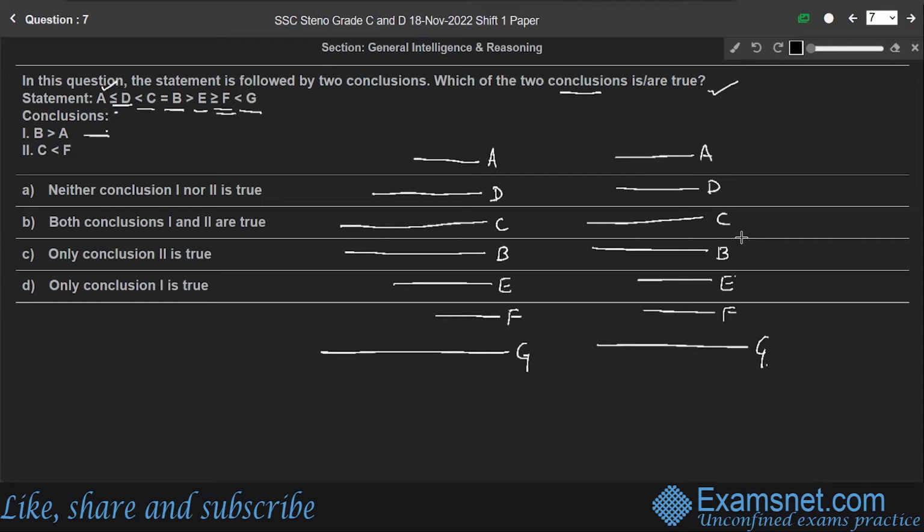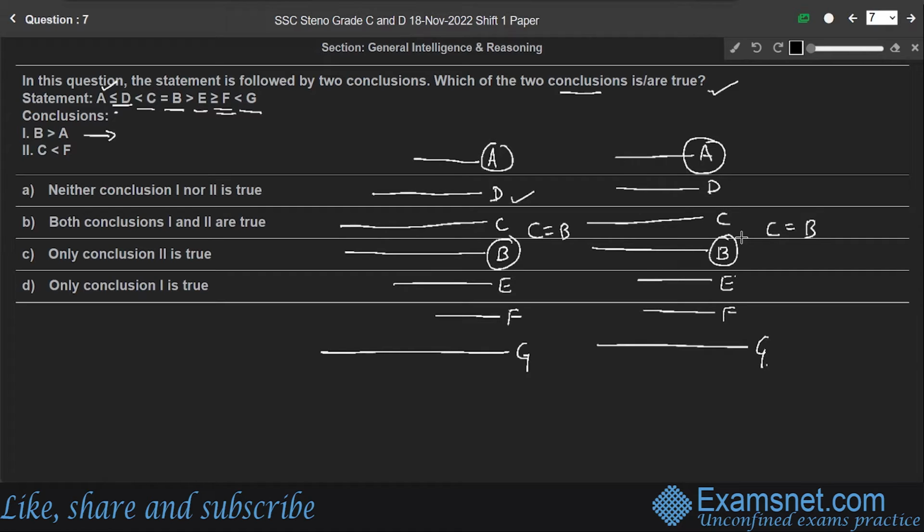Now come to the conclusion part. B is greater than A. Can we conclude B is greater than A? In both the cases, B is greater than A because of the relation D strictly less than C, whether D is equal to C or D less than C. In both the cases, C is equal to B, right?